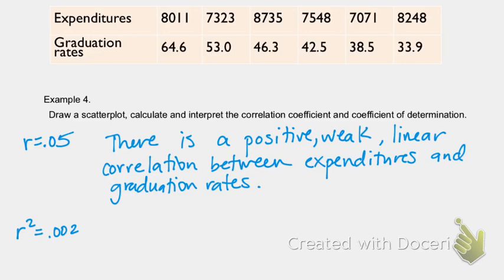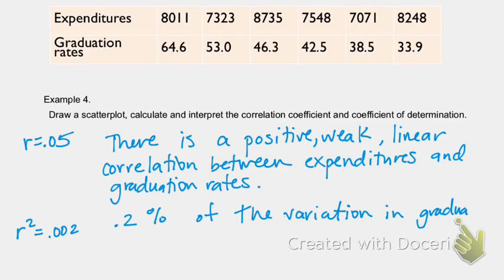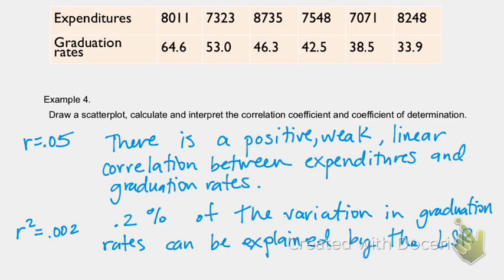So what would that be if I move it over 2 decimal places? 0.2% of the variation in graduation rates can be explained by the LSRL, which you actually found in your calculator, mx plus b, your line of best fit. But we're not going to do that till next time.